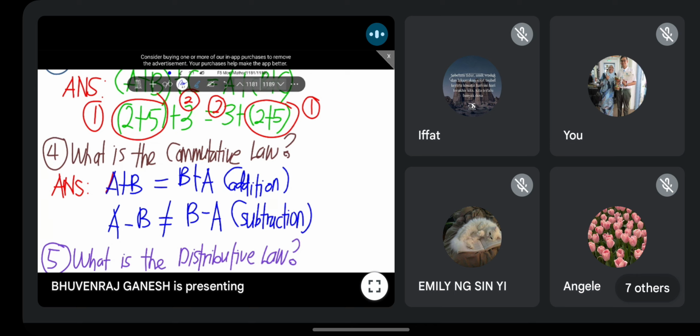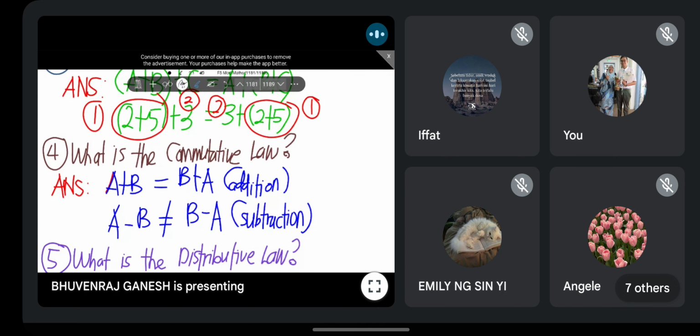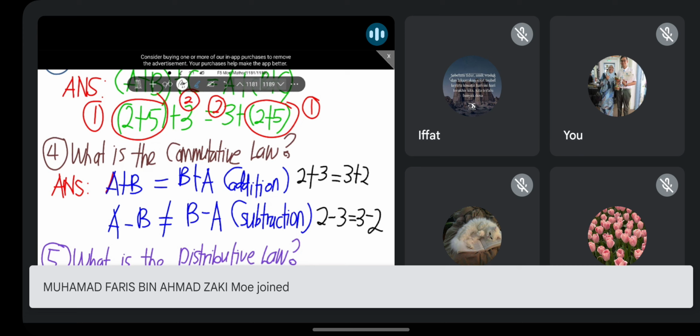So guys, how to understand this in a simpler way? If I don't want to talk about matrices, very simple. 2 plus 3 is equal to 3 plus 2. I'm sure all of you here agree, right? Everyone agrees on this. Common sense. 5 is equal to 5. But if you try and see, guys, subtraction. 2 minus 3, is it equal to 3 minus 2? Can you all tell me, yes or no?